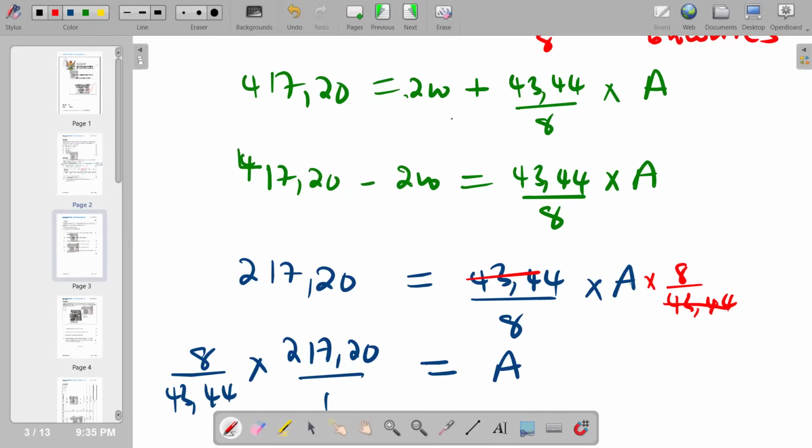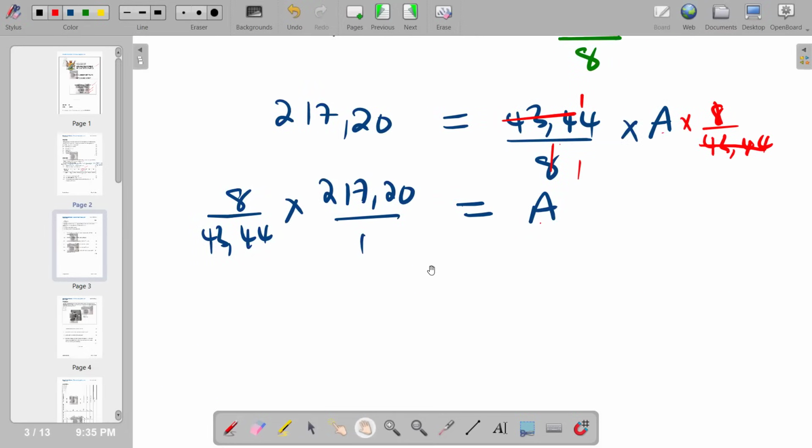So this becomes 1, then you divide again, it becomes 1, so 1 times 1 is 1, and 1 times A gives you A. We calculate it like that and you get A as 40. So 40 is the value of A.